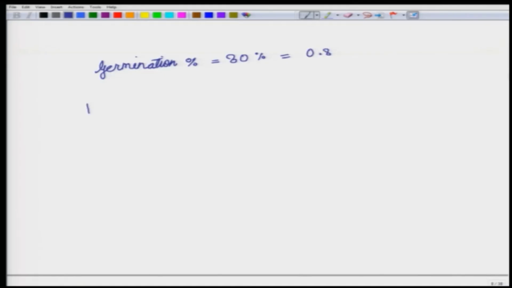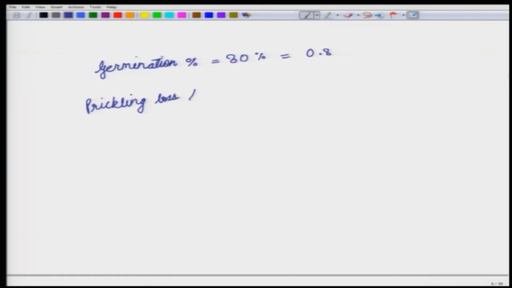Now, when we consider the pricking loss, suppose during the pricking operation out of 100 seedlings 10 get damaged. So, in that case 90 remain. So, the pricking loss is 10%, but the pricking loss factor is 90% because 90% of them are surviving, or 0.9.